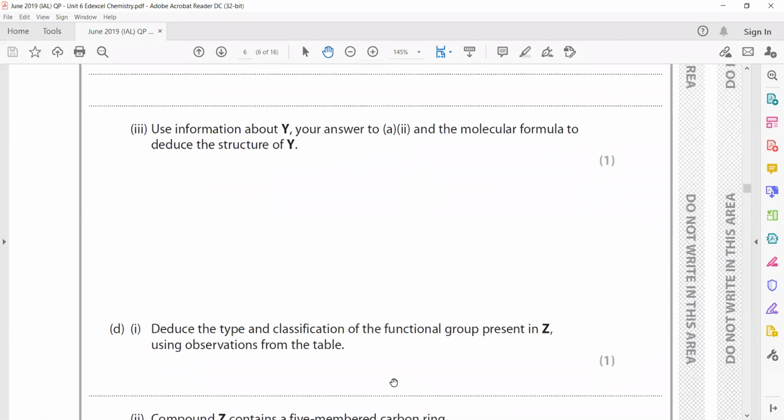So if we deduce the possible structure of C6H12O, there should be a carbon-carbon double bond, and that double bond should have the same groups, like hydrogen. So the double bond at the first carbon should be there, and then there is no chiral carbon.